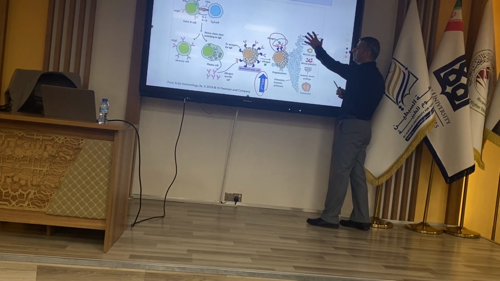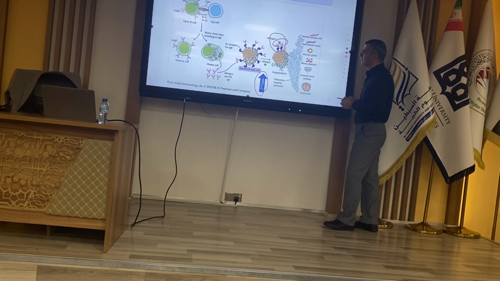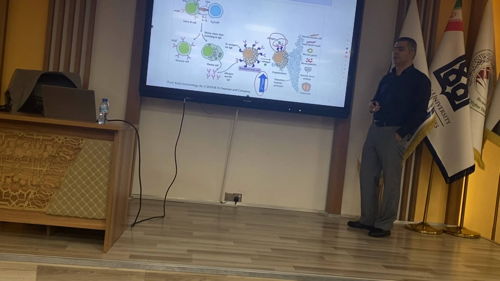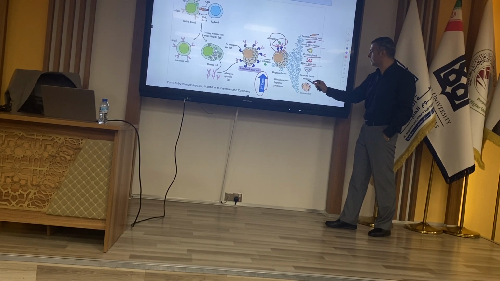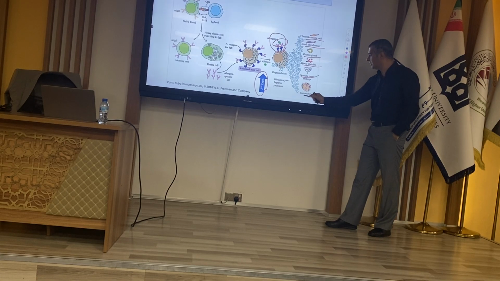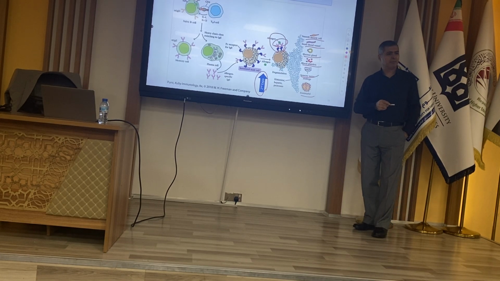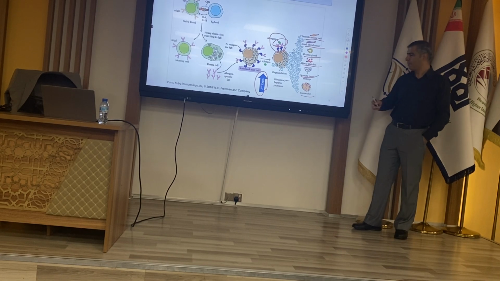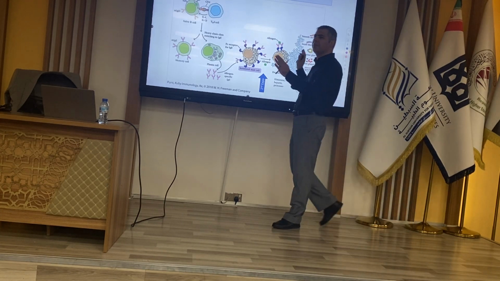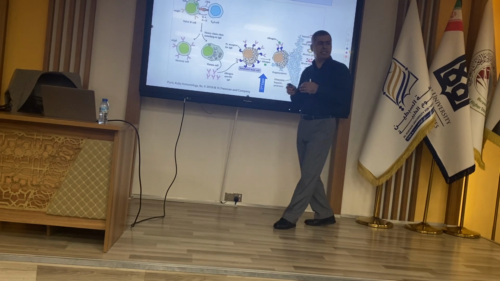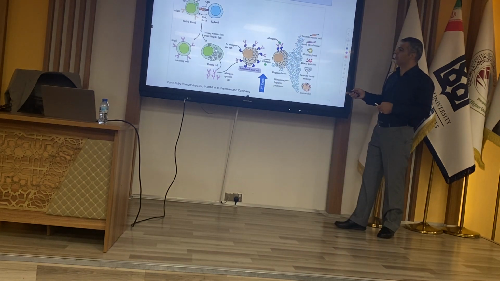There are several types of material in the granules that have different effects, for example on smooth muscles, small blood vessels, mucus production, blood platelets, sensory nerve endings, eosinophil activation, and some others. Clear? This is the whole story of the immunological reactions of type 1 hypersensitivity.